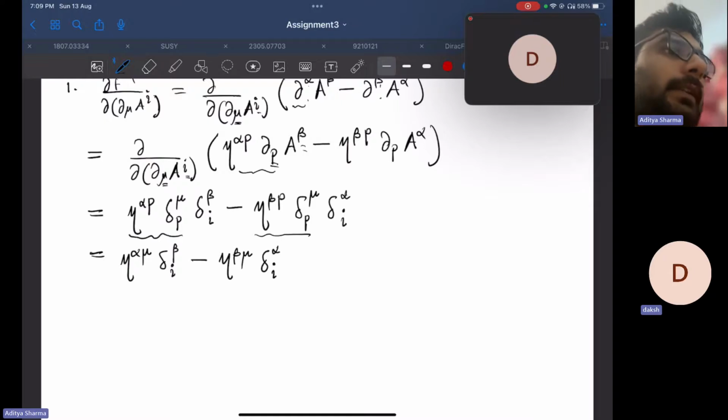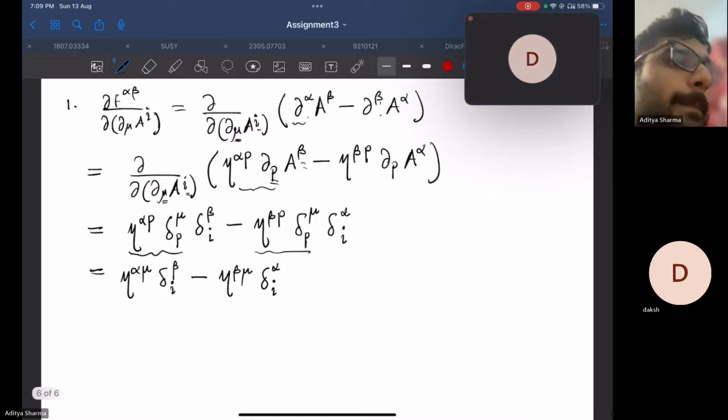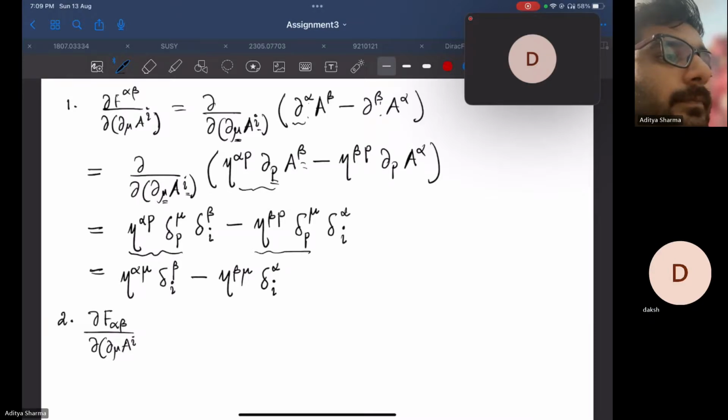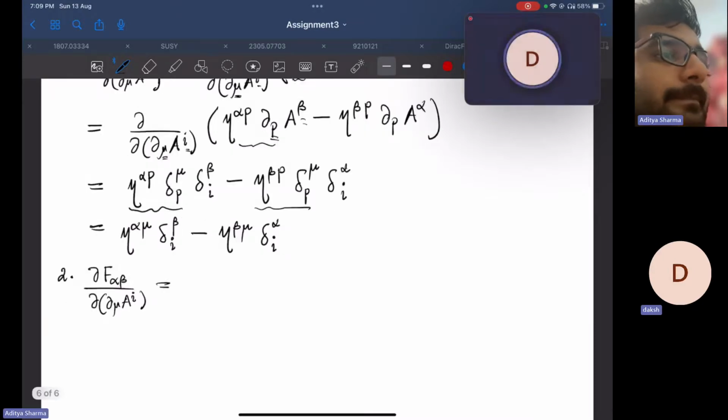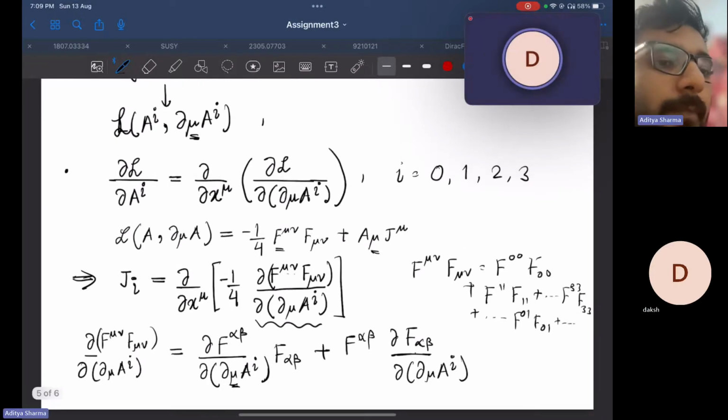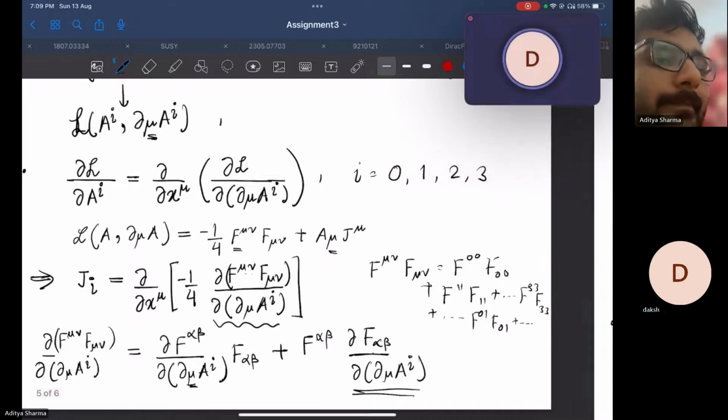So you get something like this. Now can you do the same thing for this part? This is for the other part.